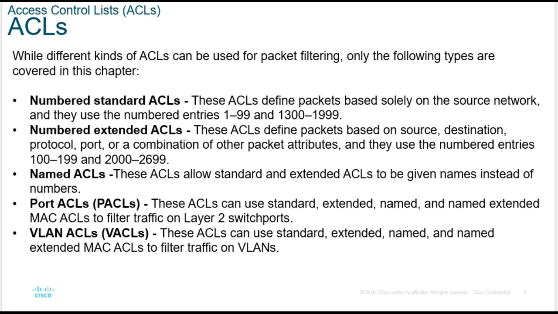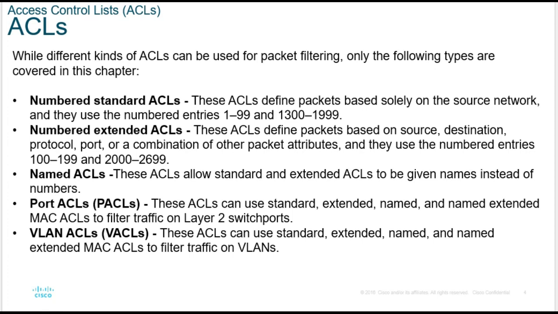Untuk standard ACL, the numbers range from 1 to 99 and 1300 to 1999, while the extended numbered ACL uses numbers 100 to 199 and 2000 to 2699. Other access control lists are port ACLs and also VLAN ACLs.